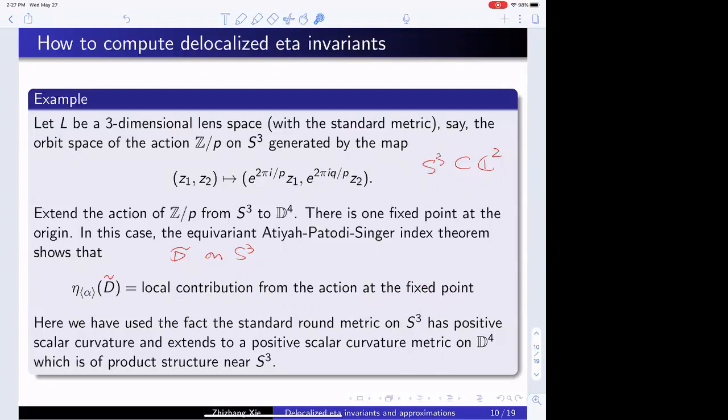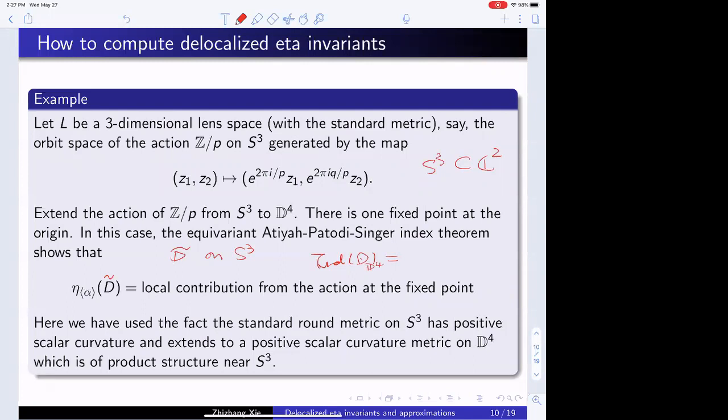Let me point out, if you have been careful, you probably noticed that the APS index theorem actually says there's eta and then there's the index. The index is the index of the operator on the four-dimensional disk.